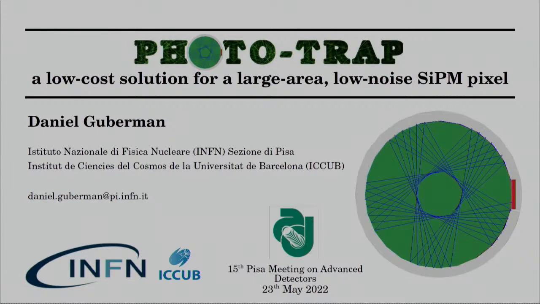So today I will try to present an R&D project we are developing in Pisa at INFN, which basically aims at developing low cost and low noise large area silicon PM pixels.